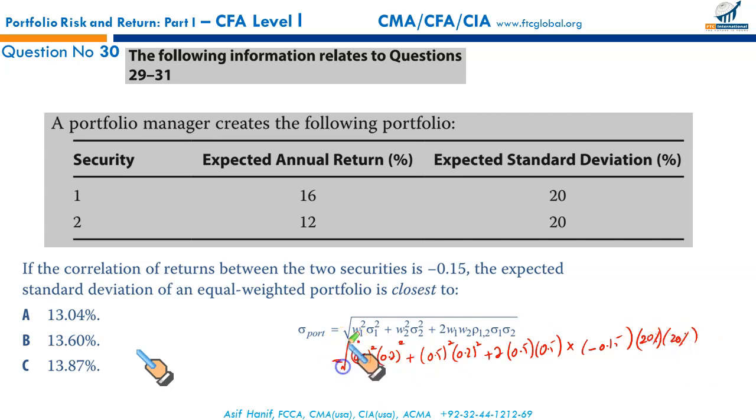The rest of it is simply simplification. So when you do, you will get 13.04%. That is A.